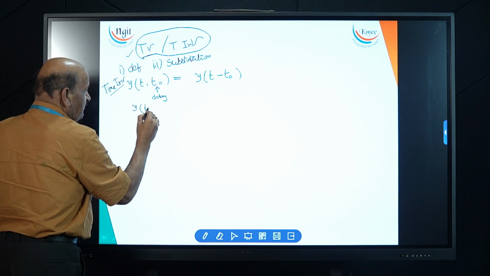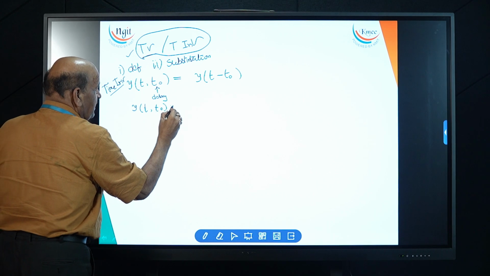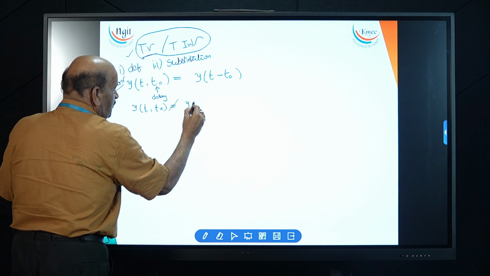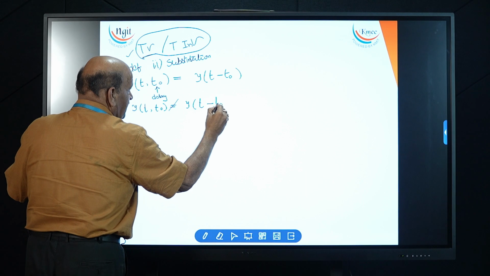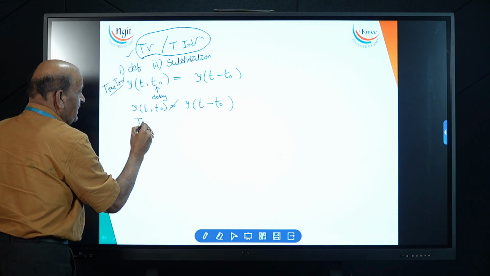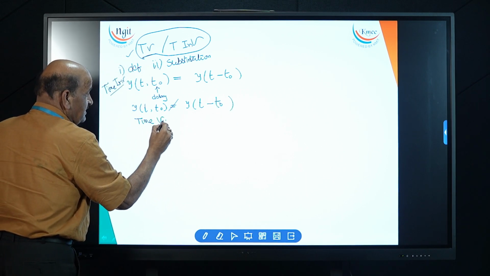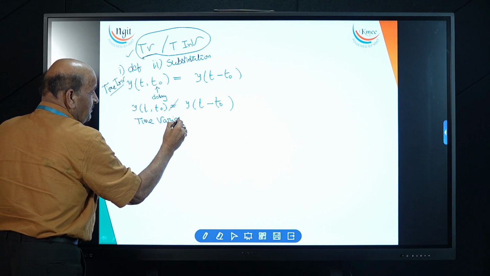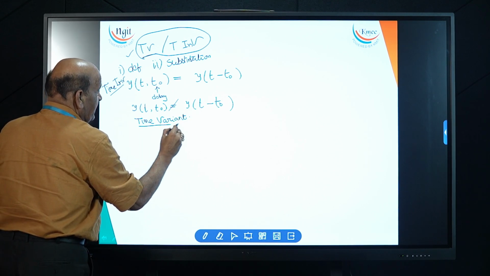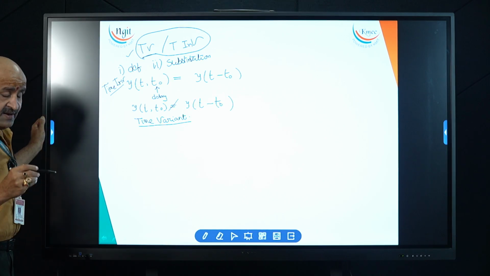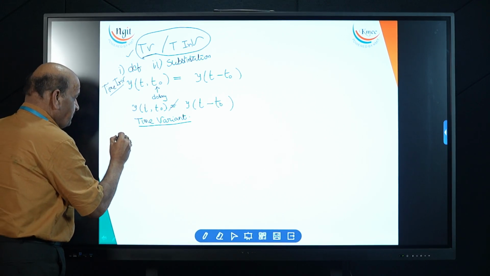If y of t comma t naught is not equal to y of t minus t naught, this is called time variant. So remember this one. Now let us start. Verify.